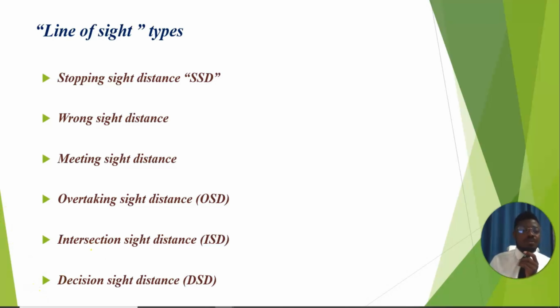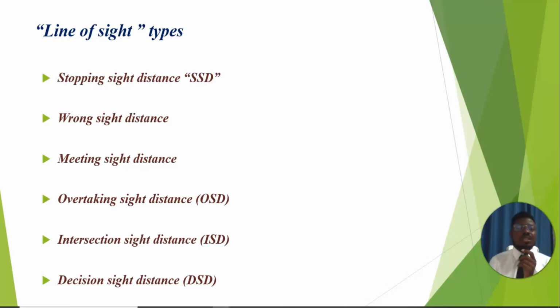Then the third one is what we call the meeting side distance. So still on opposite direction, just like the wrong side distance. When a vehicle is approaching, another one is going, facing each other or going in opposite direction, now the shortest possible distance for both of them to pull their cars to a halt or to stop their vehicles in order to avoid collision is what we call the meeting side distance.